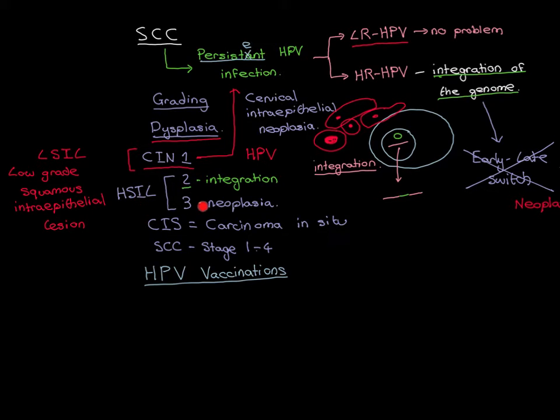Then CIN 3, we think that that now corresponds to cells that have gone further along the neoplasia process than just having the integrated viral genome and the permanent expression of E6 and E7. We think that in that clone, after some time, another cell has got a mutation that's taken it further along the way towards cancer, and that new clone now dominates.